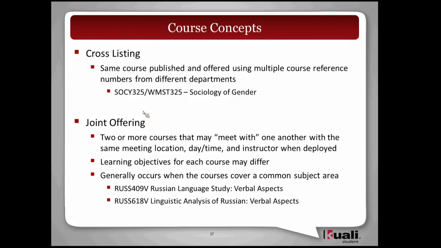The second dynamic is joint offering. With joint offering, it's a little bit different. These are actually 2 independent courses. They have unique learning objectives, but they are similar enough that they may often be taught together in the same room with the same instructor.